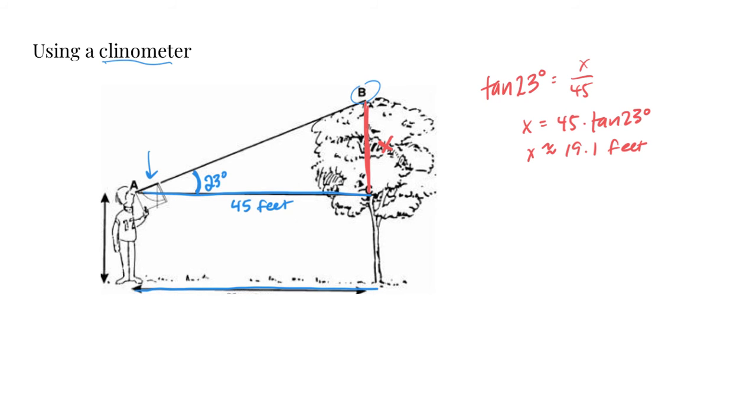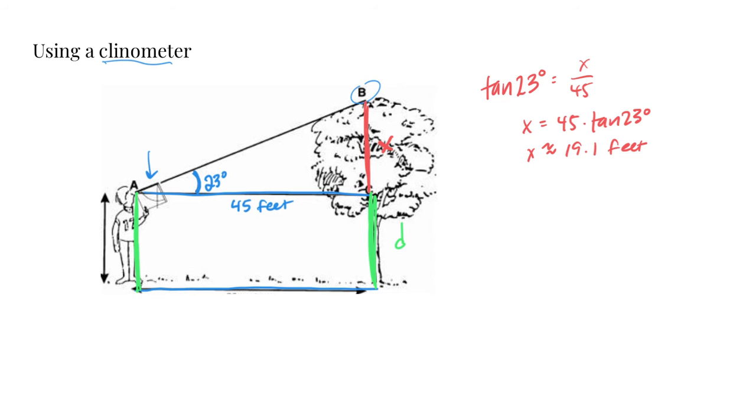This is not the height of the tree, though. The tree also has this portion right here, which, due to everything being parallel and assuming that this tree is nice and upright, is the same as this distance right here, which is the height from the ground to the boy's eye. It is not his height to the top of his head, but it is the height to the top of his eye.